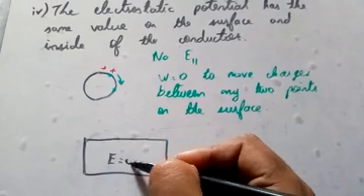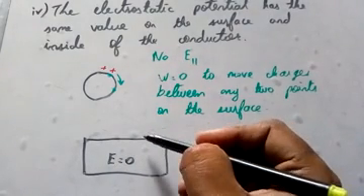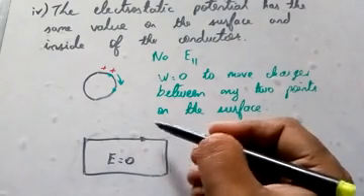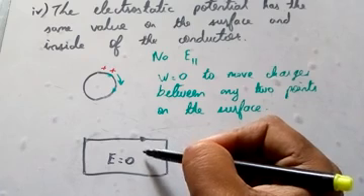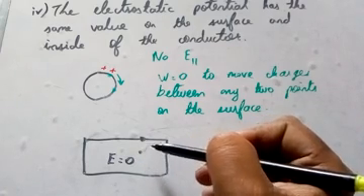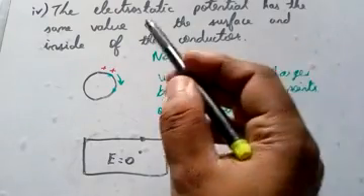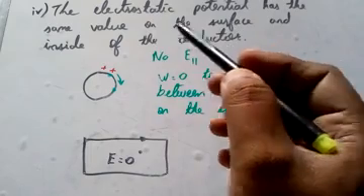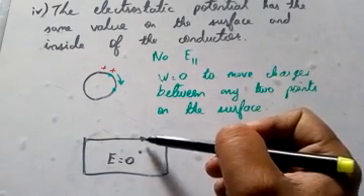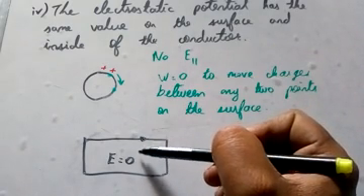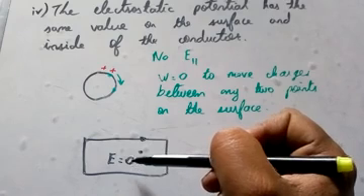That means whatever potential is on the top surface, say 15,000 volts, the same potential must be inside also. This is what we know from the fourth point: the electrostatic potential has the same value on the surface and inside of the conductor. So whatever potential we have, the same potential must be inside also. Here 10,000 means here also must be 10,000. That's why the electric field is 0.